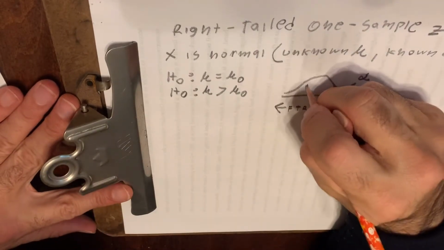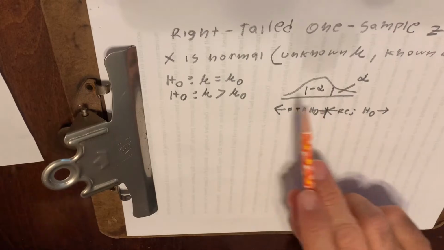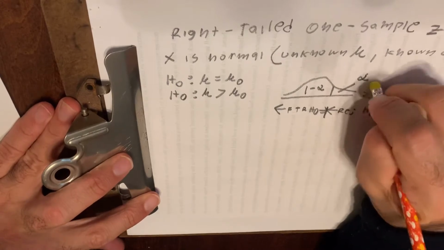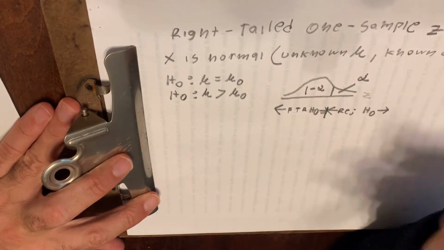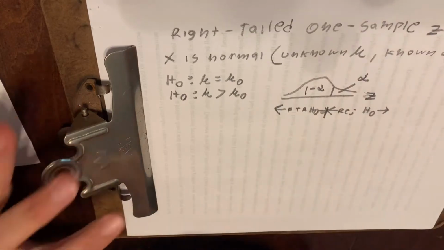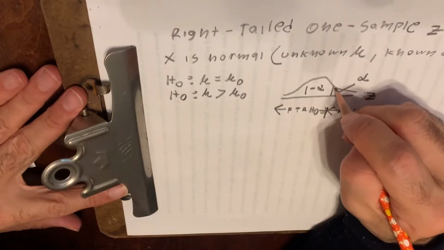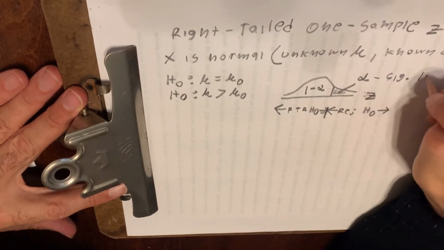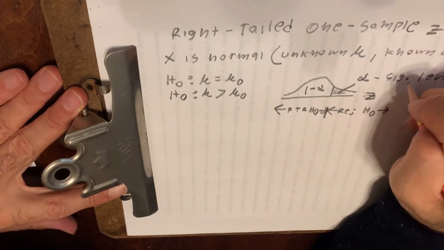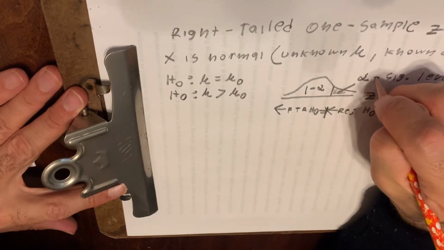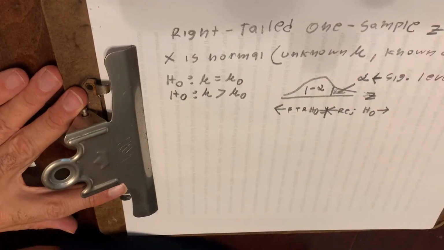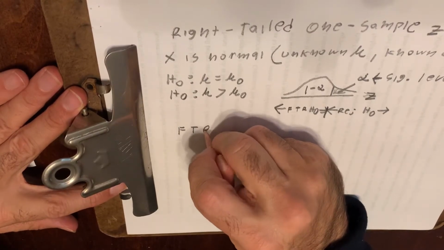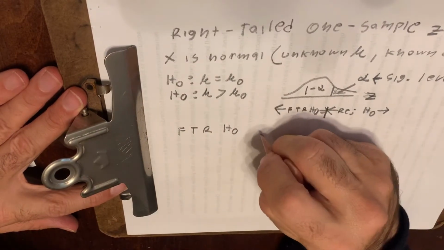And this is 1 minus alpha area under this z distribution. So this is a z. And alpha is your significance level.